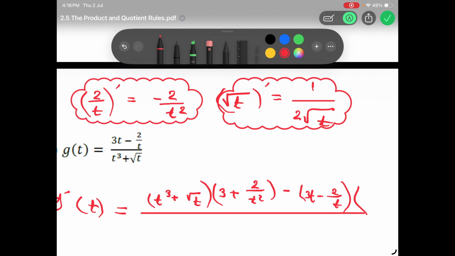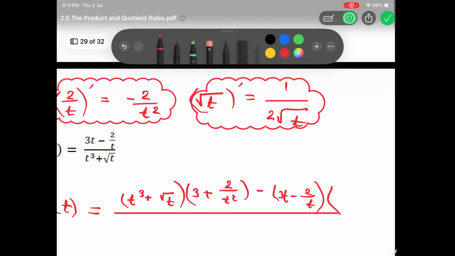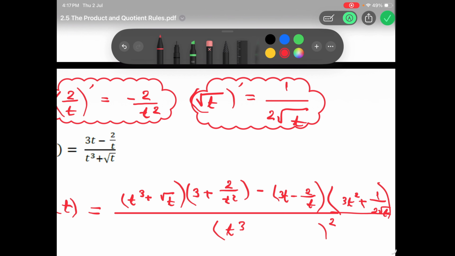I will differentiate the bottom one, and the derivative of the bottom is 3t squared, plus 1 over 2 radical t, divided by the same denominator to the power of 2, which is t to the power of 3 plus radical t.